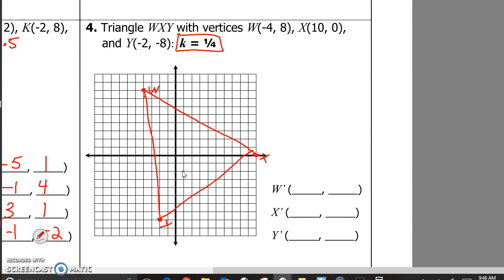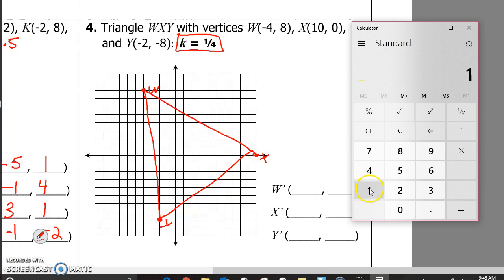Okay, so multiplying everything by 1/4, and I would just prefer to use decimals, so I'm going to take 1 divided by 4 and turn that into a decimal, and that's 0.25. So I'm going to take everything and multiply it by 0.25. So 4 times 0.25 is 1.